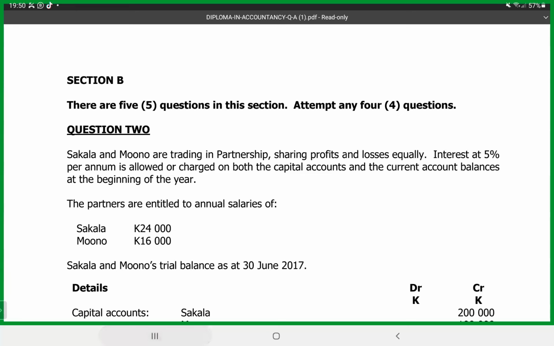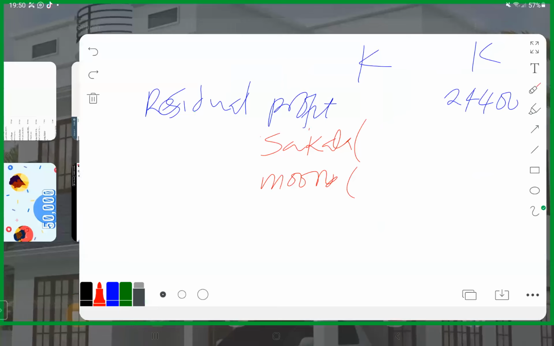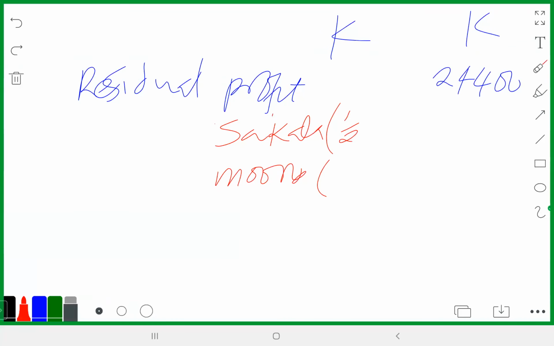So you can get your value: 1/2 times 24,400 plus 1/2 times 24,400. That's 24,400 divided by 2, which is 12,200, and here 12,200.